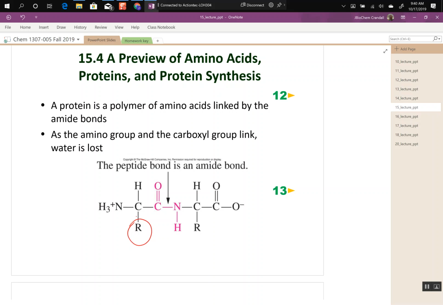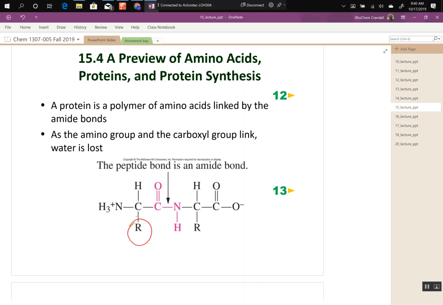The other thing that is significant about this amide is that proteins fold up. That's what they do. They fold. So if you have just a strand of protein, it's not active. It's inactive. It's called denatured, right? So you have a denatured protein if it's unfolded, but proteins by nature will fold.